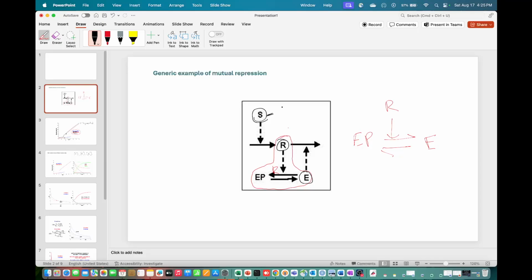But if you change the concentration of S, does the equilibrium shift, or how do the concentrations of R, E and other molecules in the network change depending on the concentration of S?